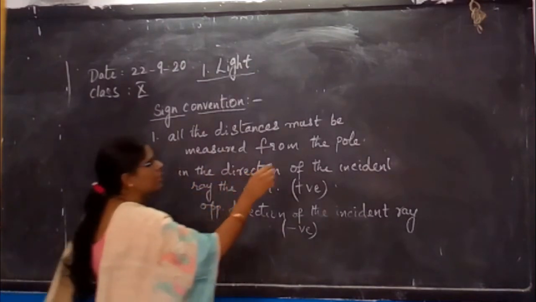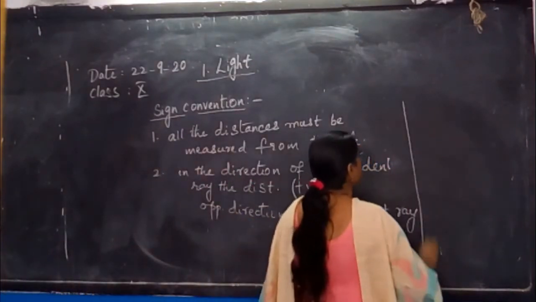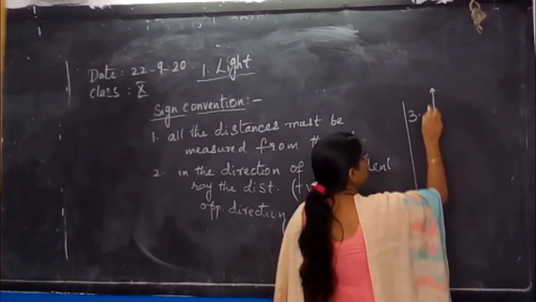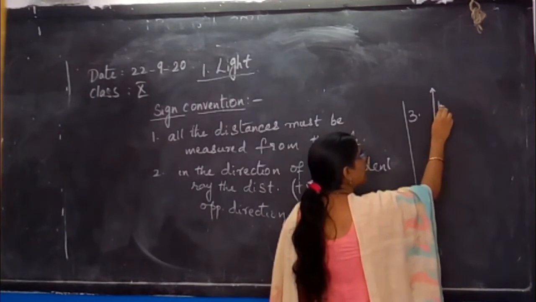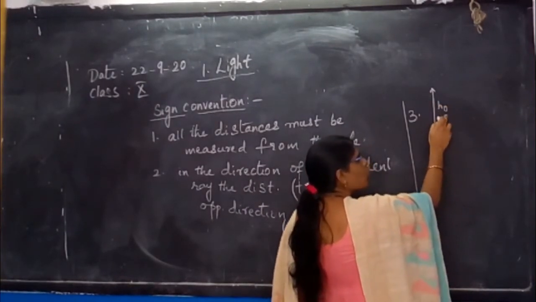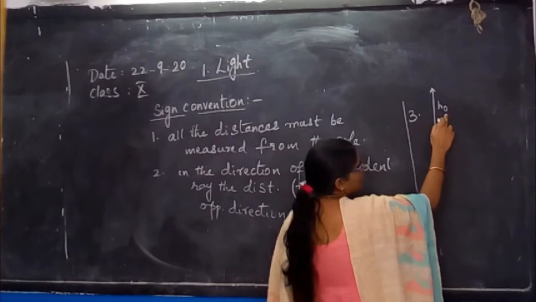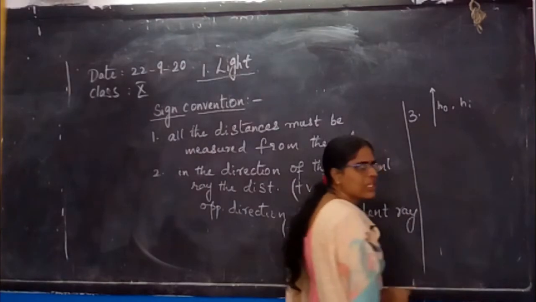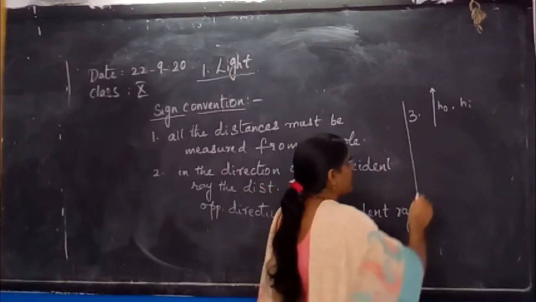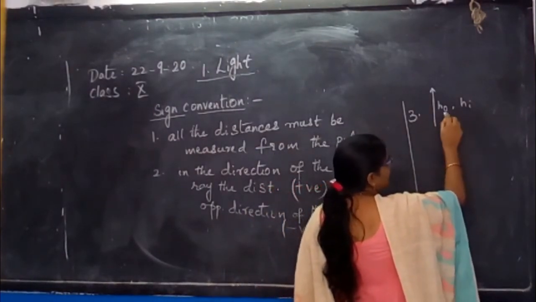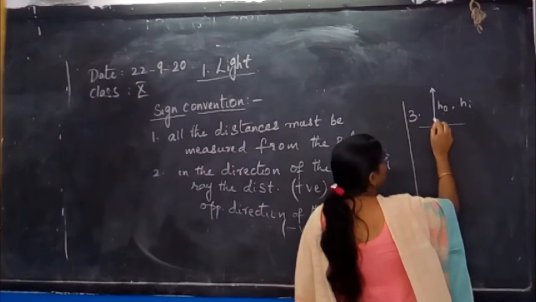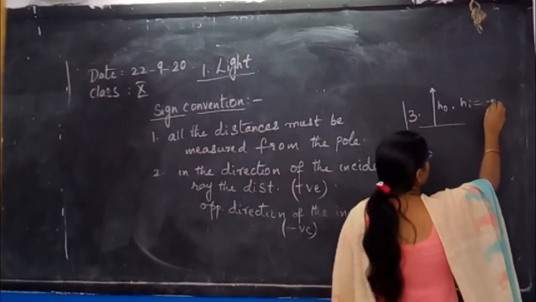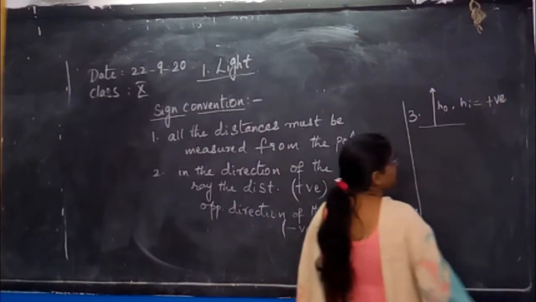Next, the third point is about heights. HO indicates the height of the object, HI indicates the height of the image. If the height of the object and the height of the image are upwards, they are to be taken as positive.